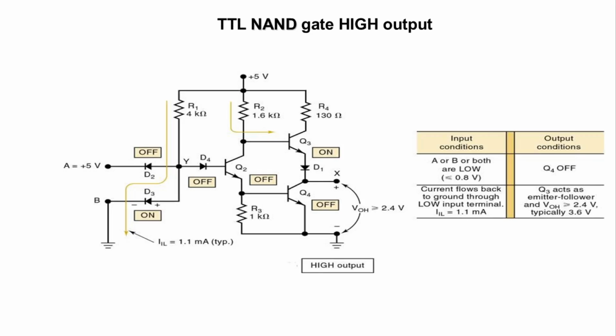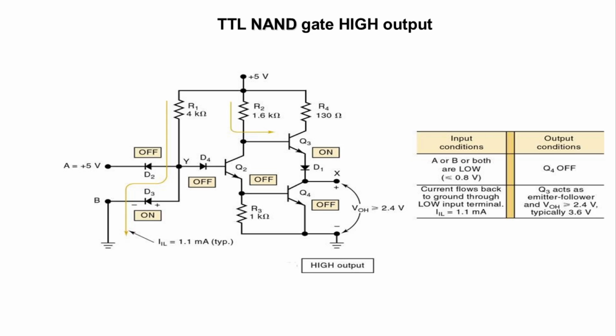TTL NAND gate high output structure. Here we are applying 5 volt supply to point A and point B is grounded, so that the current coming from the collector or from the above section will be grounded from B point. Which makes diode D4 off.